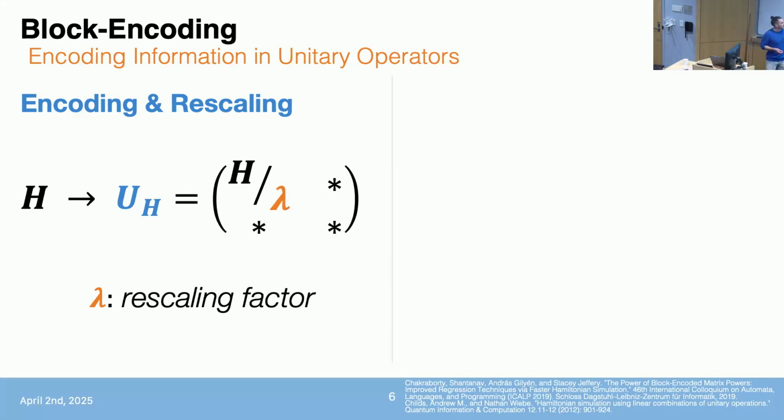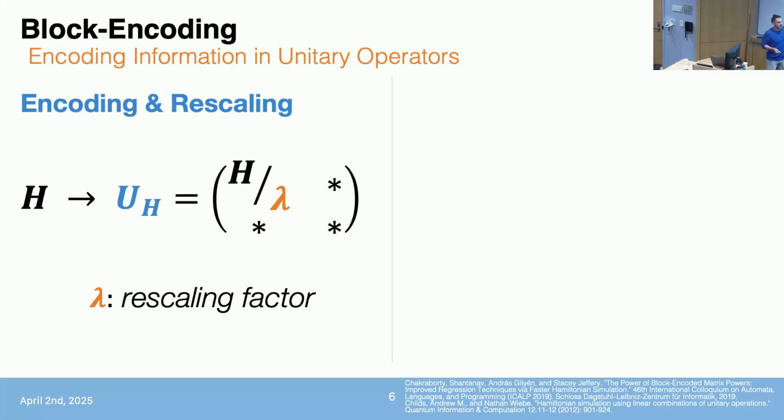One other additional thing to note is that the matrix that we block encode is not going to be our normal matrix. It's going to be a rescaled version of our normal matrix. The reason for that is that the magnitude of the eigenvalues of a unitary operator has to be 1, right? So that introduces some constraint on the size of the matrix elements inside that unitary.